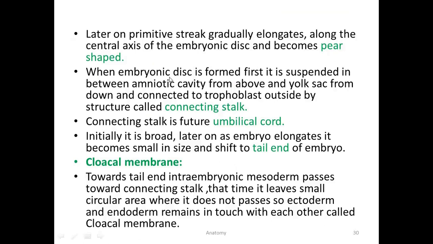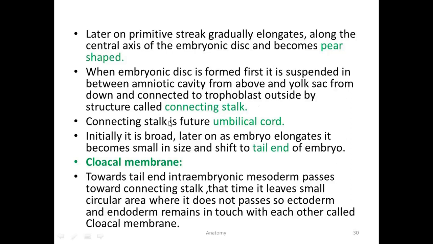When the embryonic disc is formed, first it is suspended between the amniotic cavity from above and the yolk sac from below, and connected to the trophoblast outside by the structure called the connecting stalk. Why do we call it connecting? Because it connects the developing embryo to the trophoblast, which is the outermost covering there.